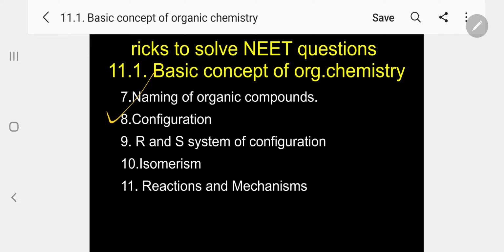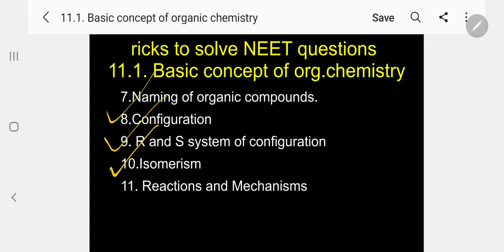There are three ways we can draw the structure of a molecule: Fischer, Newman, and Sawhorse. Then the RS system of configuration we have to study.